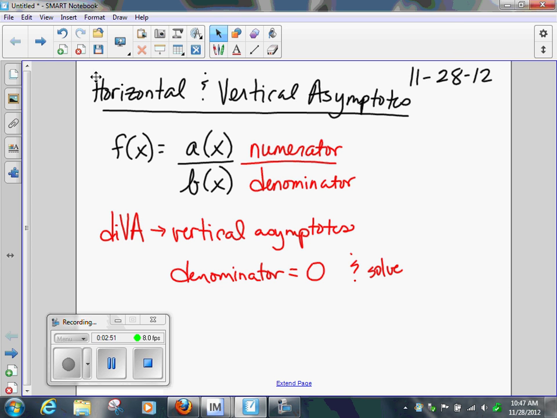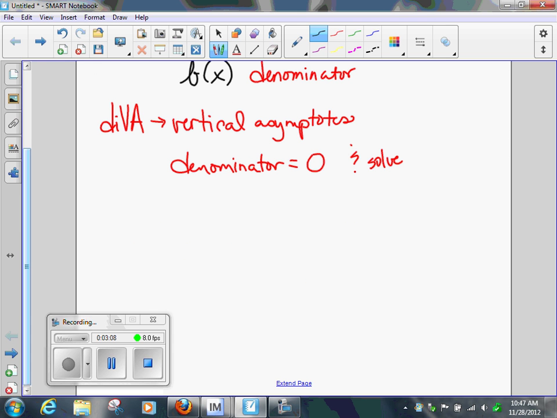Horizontal. There's something else. If we use the denominator, there is something we can do with the numerator, okay? If we were to take the numerator and set it equal to 0, and we solve it, it would help us find the zeros.